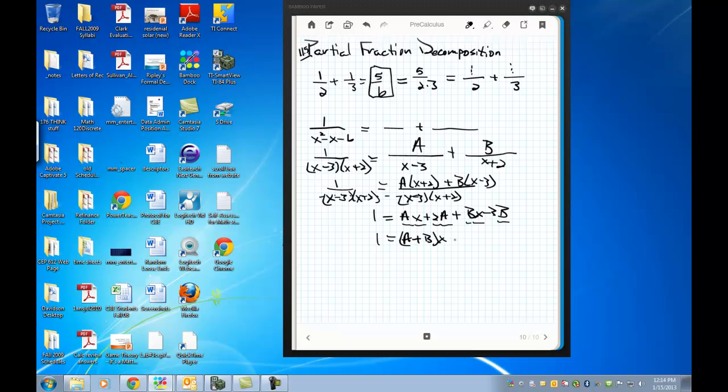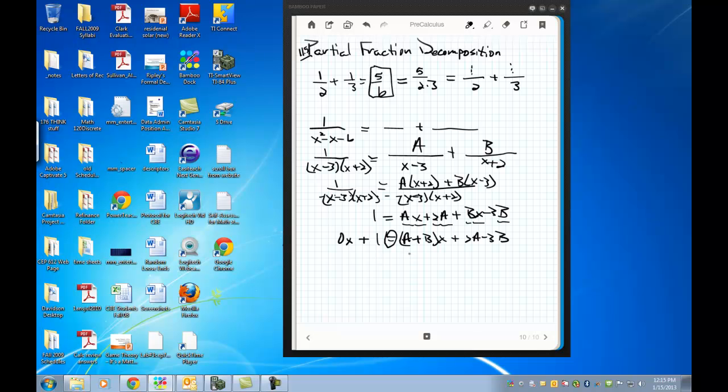Now, bear with me for a sec. You'll see why in just a sec. Plus 2A minus 3B. Now, I'm also going to rewrite the left-hand side as 0x plus 1. The reason that I did that is it gives me a ton of information. Since I have an equals sign right here, I know that the left-hand side equals the right-hand side.